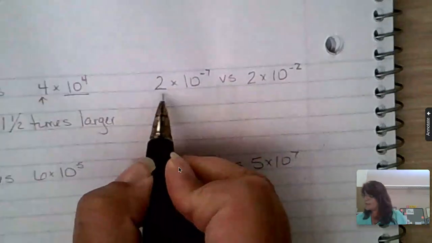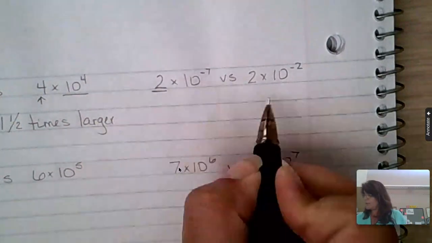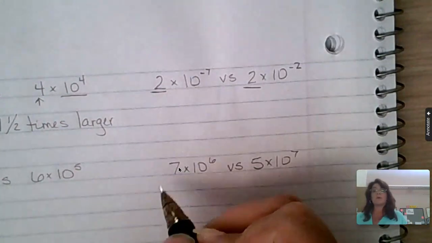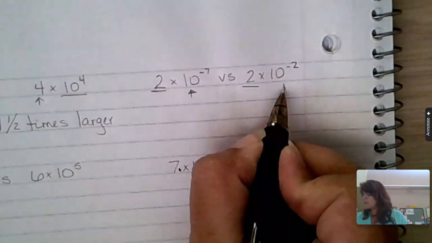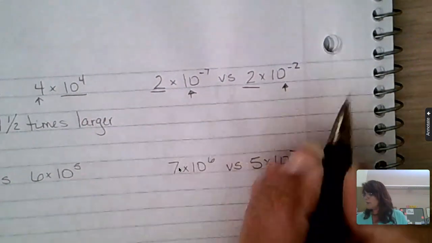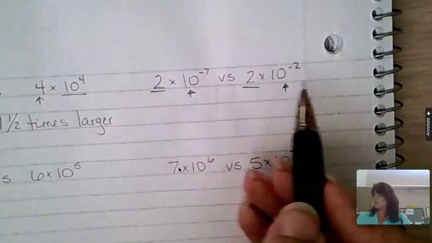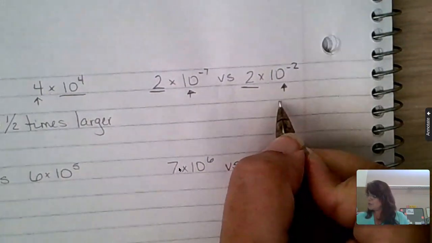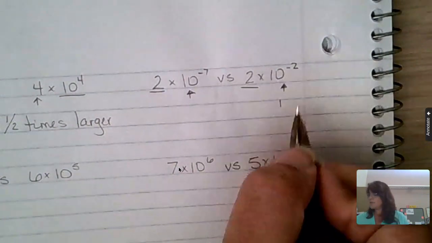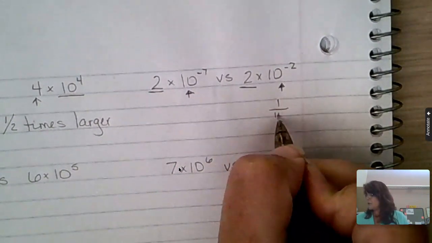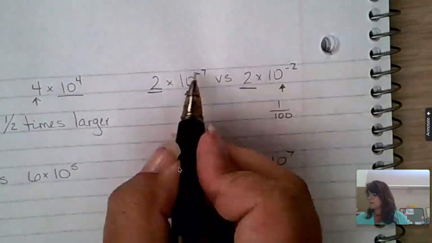Here I have the same leading number, but this value is different. The exponent -2 in front of a 10 is 1/100th.